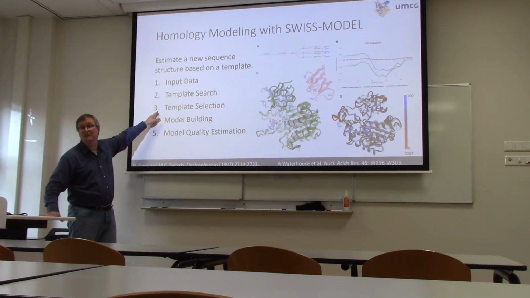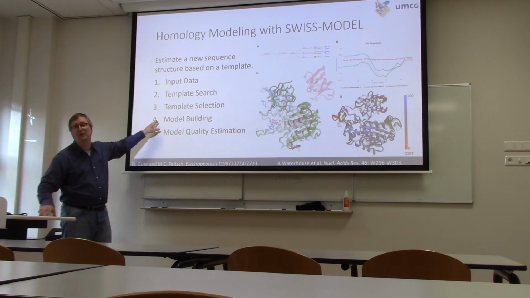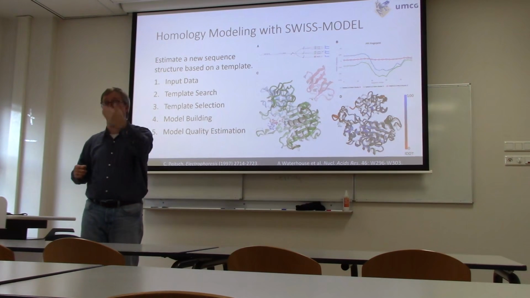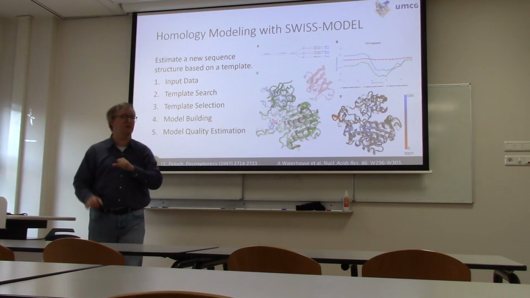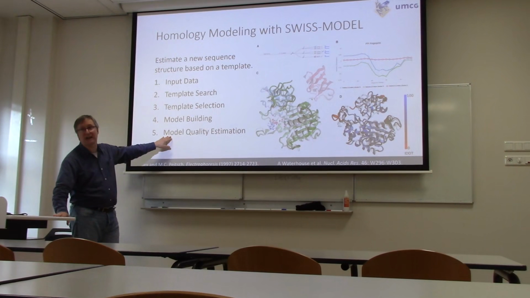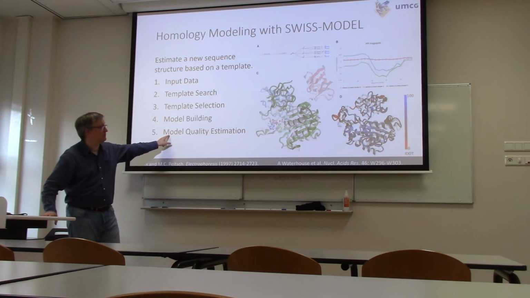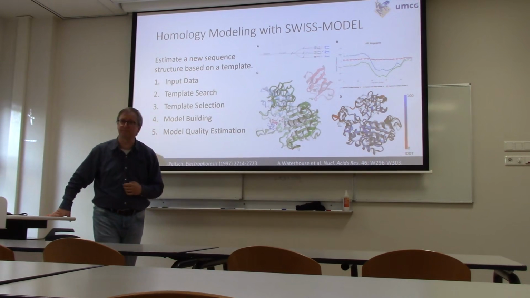It'll give us some means for deciding among different possible templates. It will build a model, maybe doing some refinement to say, how do things shift if we replace this side chain with another? And it's got to have some sort of scoring function at the end of the day to say, does that structure seem plausible or not? That's the model quality estimation.